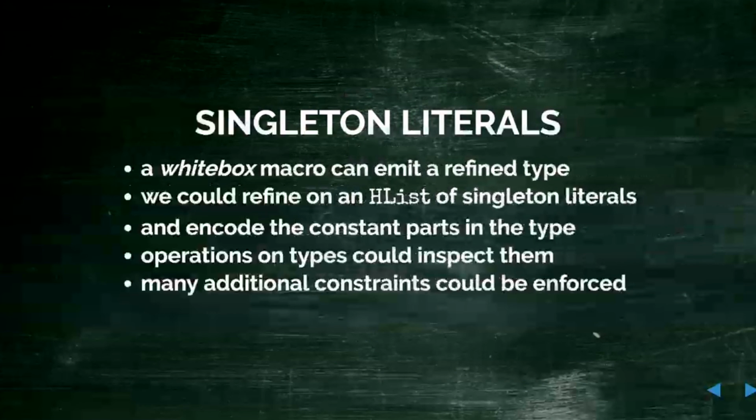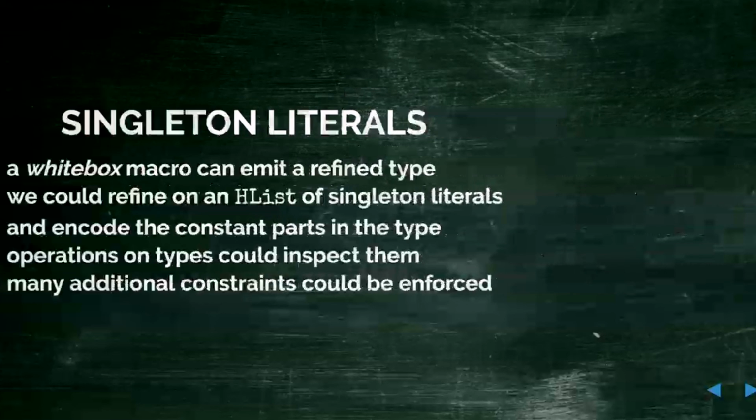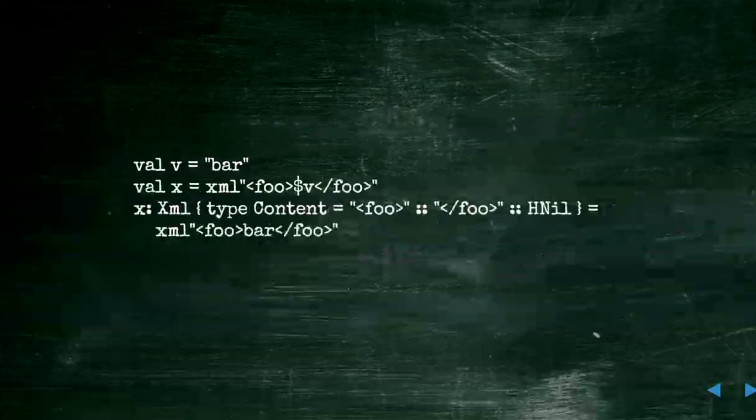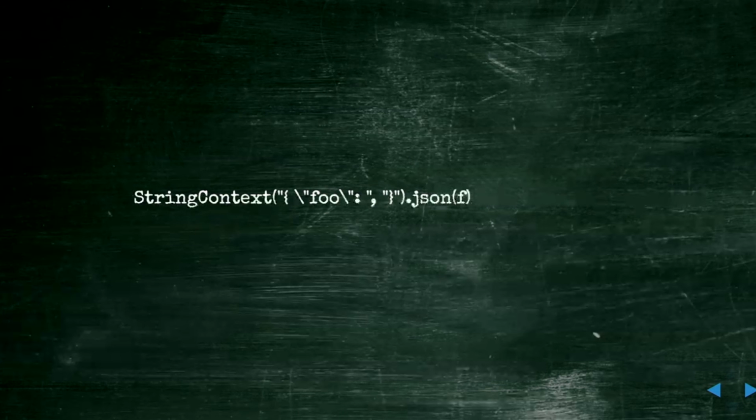I'm going to skip all the type level stuff, unfortunately. But you can do some interesting things with H-lists and singleton types. Here's our code sample. Now remember, this gets desugared to the string context.